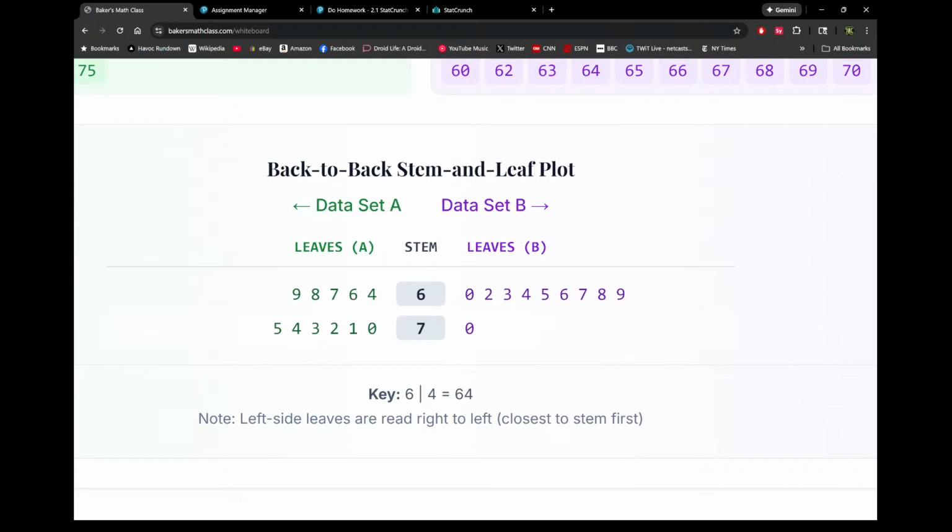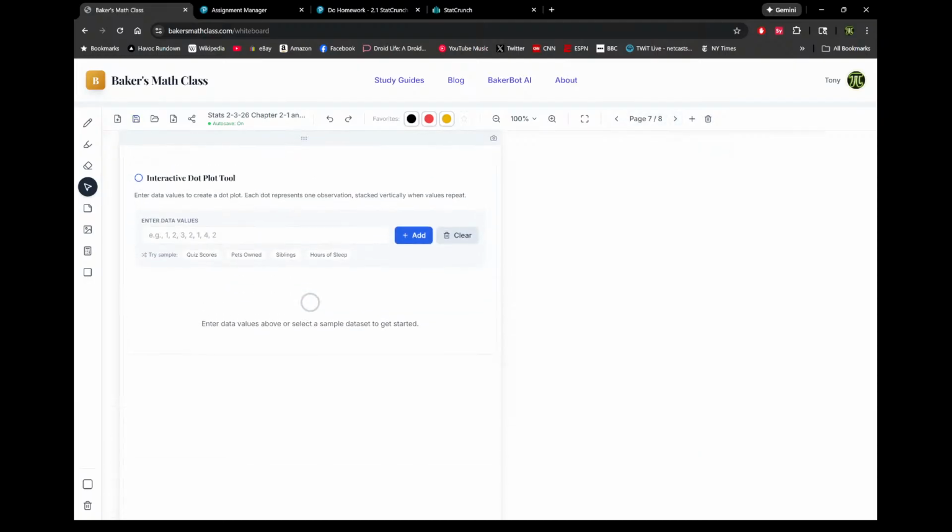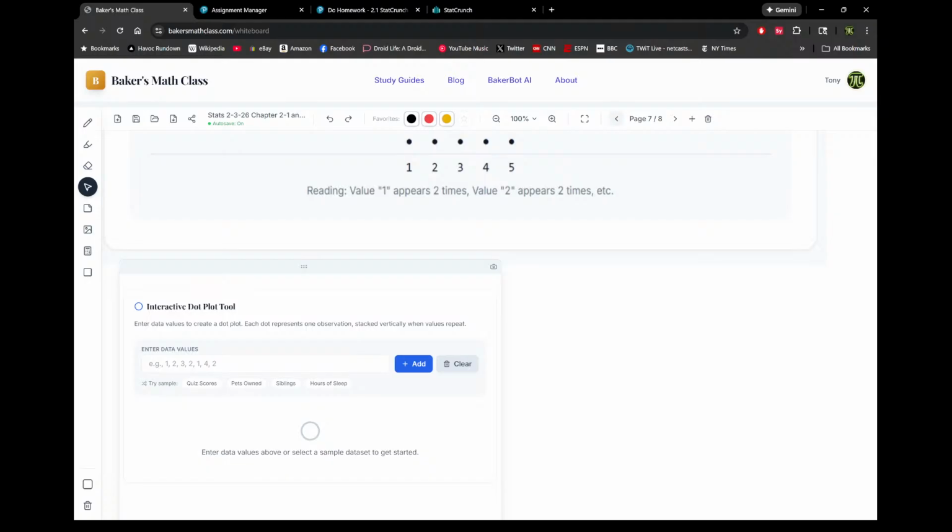So that would be 70. Like this would be 64, 66, 67, 68. Questions on stem and leaf plots?